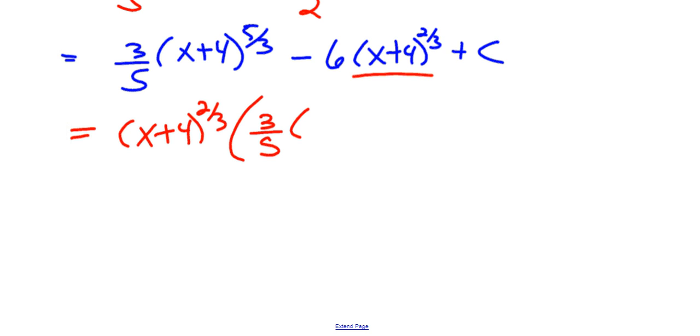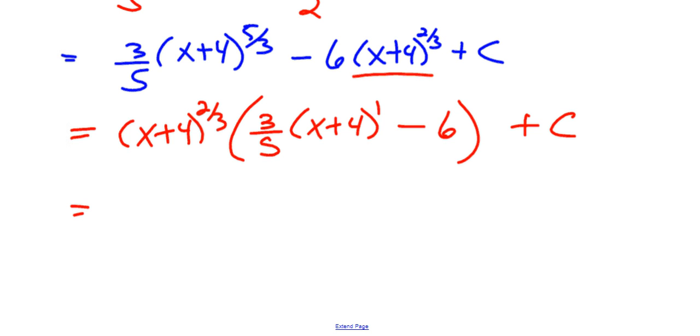And if I subtract that 2/3 from 5/3, I get 3/3, or (x plus 4) to the first. That's the first term, pulling that out, GCF. The second term is just going to be -6 plus my c.